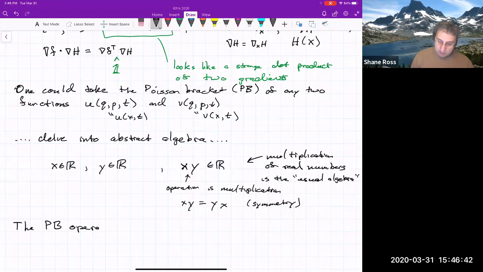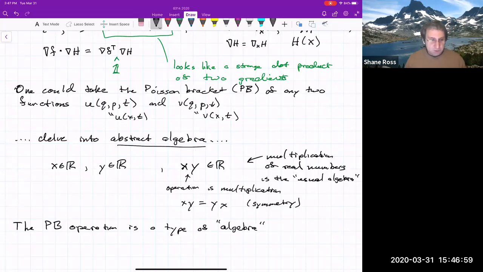So the Poisson bracket operation is a type of algebra. You have to kind of expand your notion of what an algebra is. And they teach courses on abstract algebra in the math department.